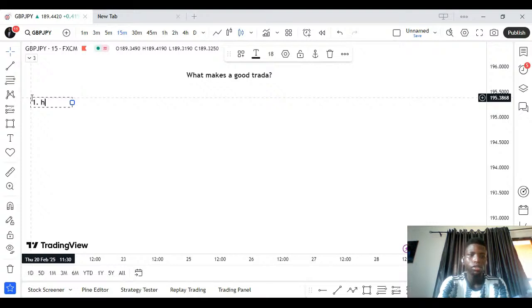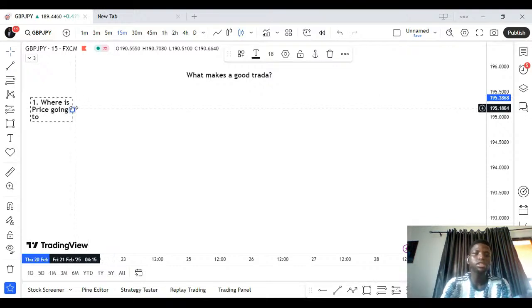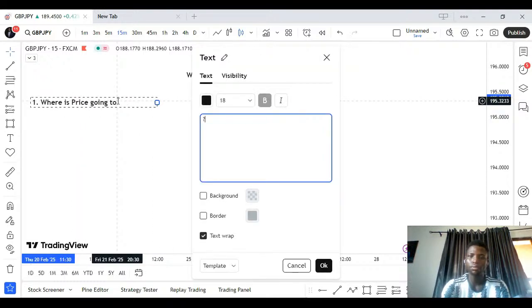Any solid trade you are going to take must consider where is price going to. And this is what you want to answer by analyzing structure.